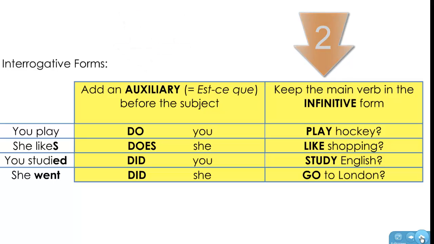So in the present, it's going to be do, or does if it's third person singular, and did if it's the past. Note that I am going to say does, so there's an S here, so I'm not going to repeat it here. So the question is, does she like shopping? No S. Same thing here, the verb is in the past, it's the verb go, she went. So the question is, did she go? So the verb must stay in the infinitive form.